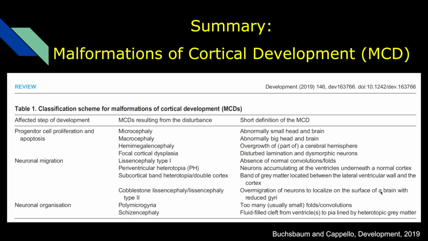Hemimegalencephaly is when it occurs only on one side. Focal cortical dysplasias, we'll see later, are these kind of disrupted lamination patterns with these very atypical cells, such as balloon cells that are known to cause epilepsy.